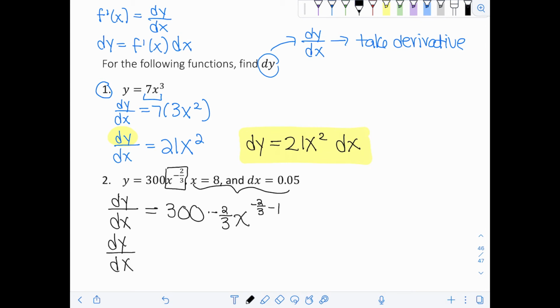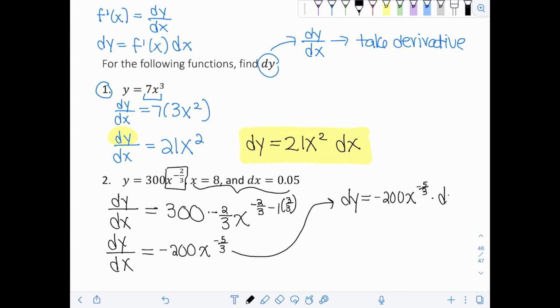I'll just rewrite it, simplifying this, and then we can multiply both sides by dx. So we get that dy is equal to negative 200 x to the negative 5/3 times dx.